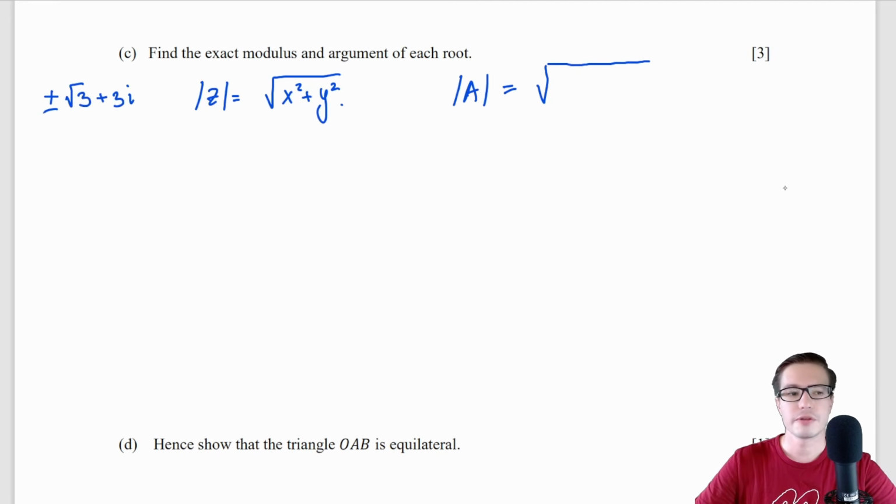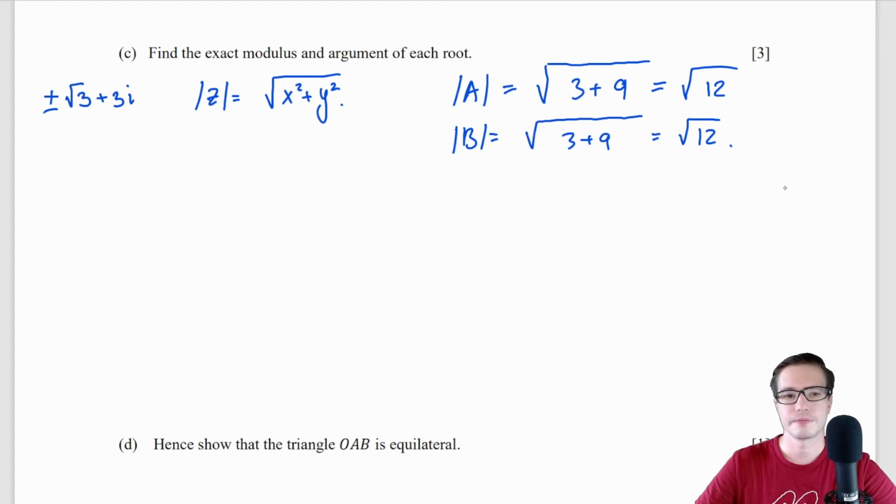Take a positive square root of 3, and square it, it is going to be 3. 3 squared is going to be 9. So all in all, we got 12. And actually the same is for the negative square root of 3. So it's also square root of 12.